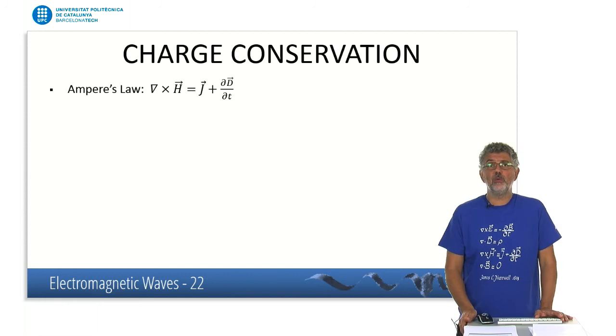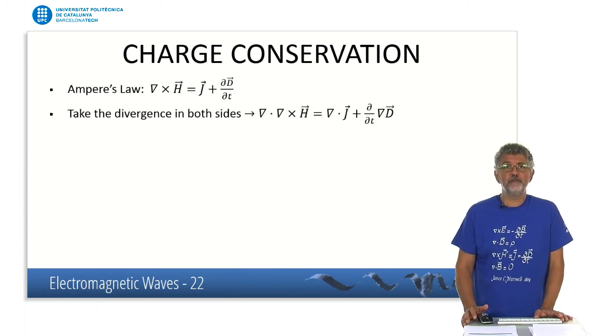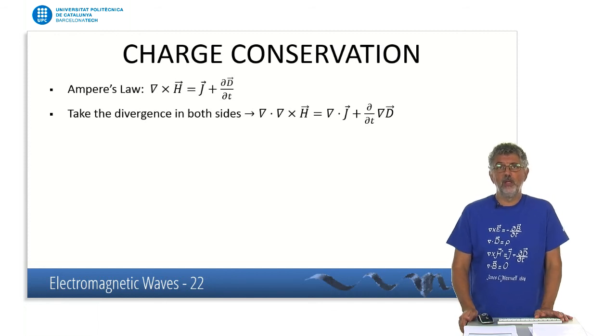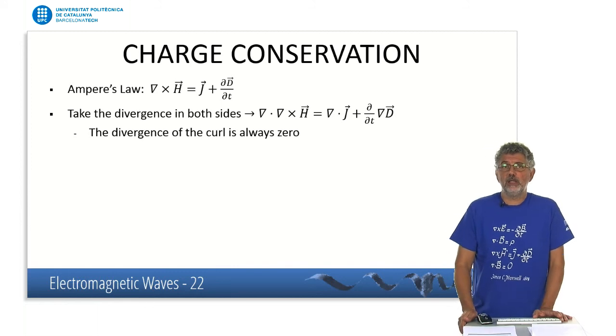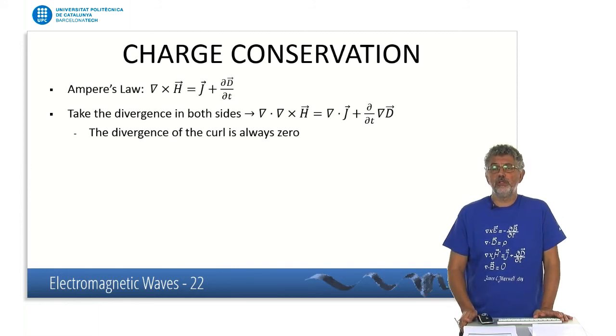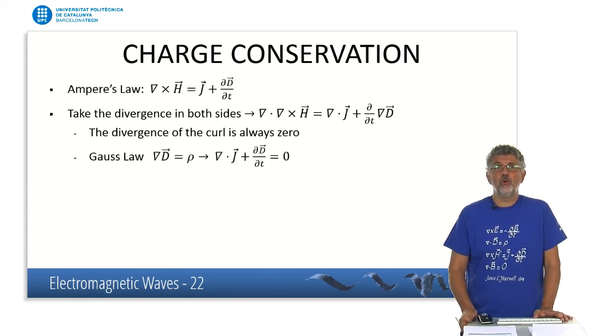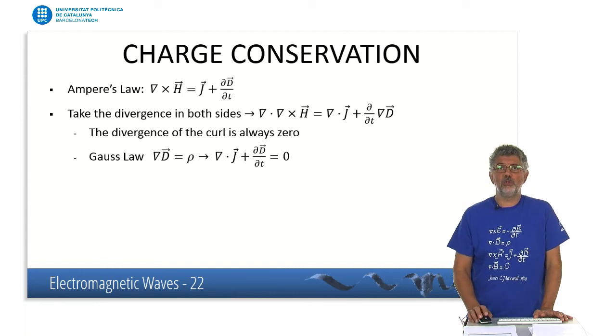Now let's go back to Ampere's law, which is written here, and then we take divergence on both sides. It will look like this, and then there is a basic property that the divergence of the curl is always zero. So we end up having this sort of relationship in which we also take into account that here we have the divergence of D, and remembering Gauss' law, we can write this expression here.